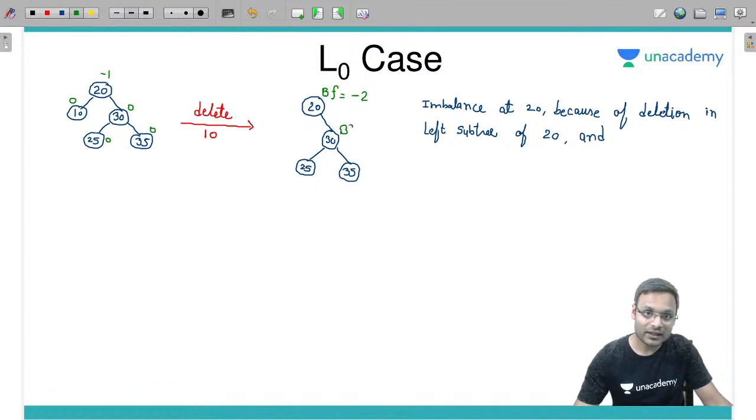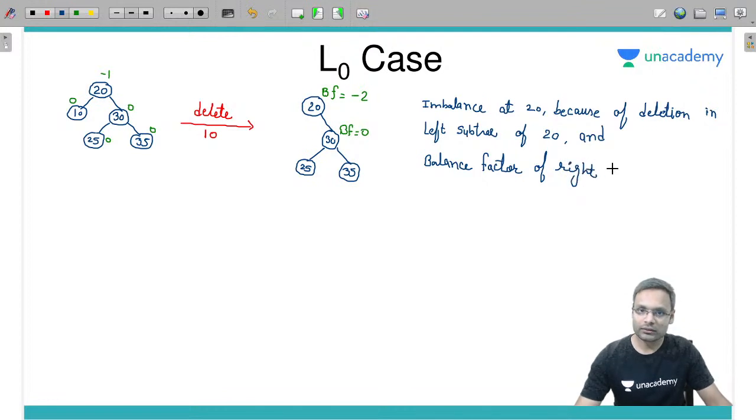What is the balance factor at 30? 0. So the balance factor of the right child of 20 is equal to 0.